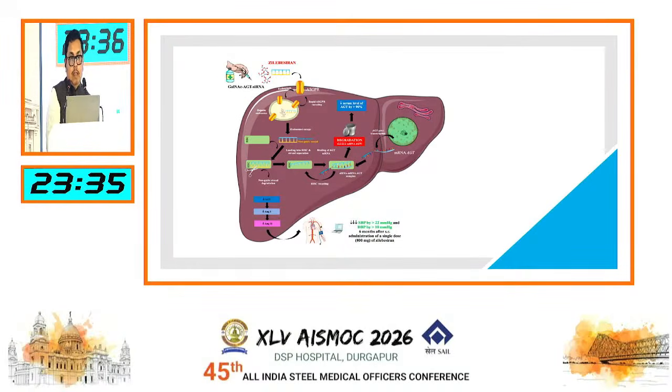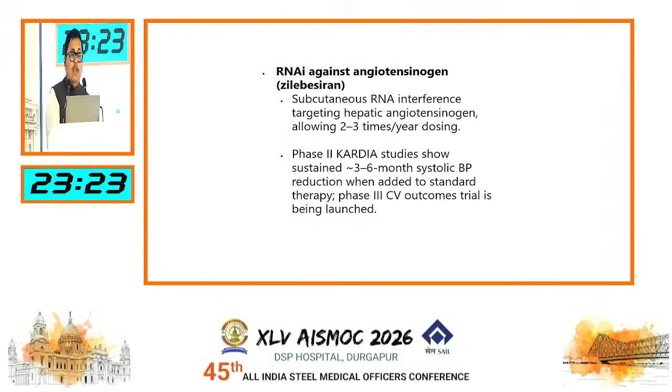Once injected, they inhibit the synthesis of angiotensinogen for 6 months with a good amount of BP reduction, over and above other antihypertensive drugs. So this is an RNA inhibitor against angiotensinogen, a subcutaneous RNA interference targeting hepatic angiotensinogen, allowing 2 to 3 times a year dosing.